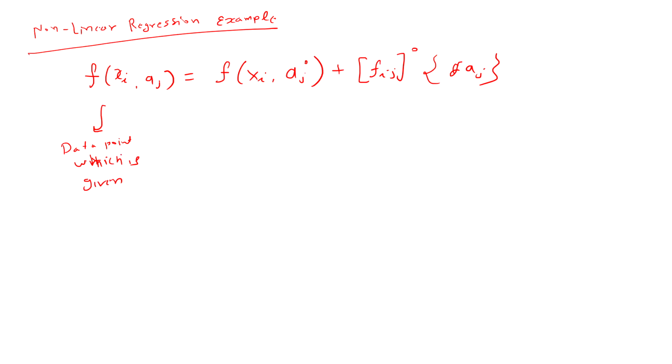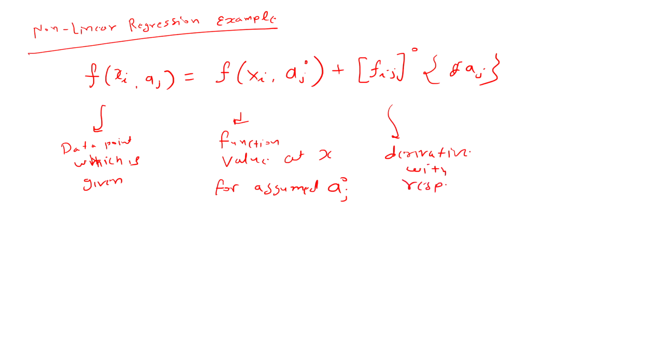This is the y value of the data point, this is the function value at x for the assumed parameters, this is the derivative with respect to the parameter, and this is the change in the parameter.